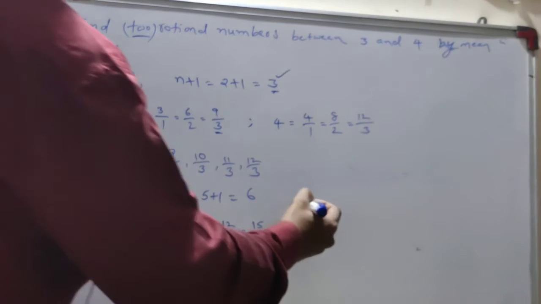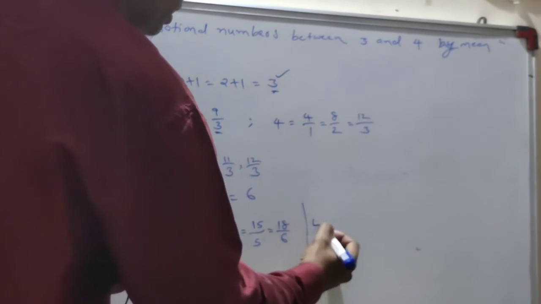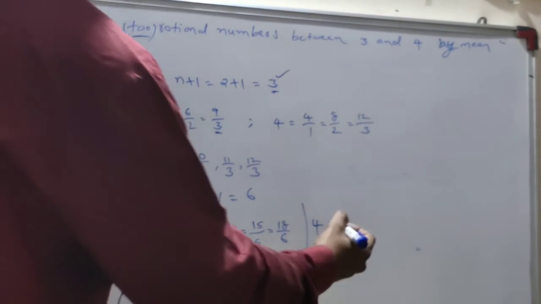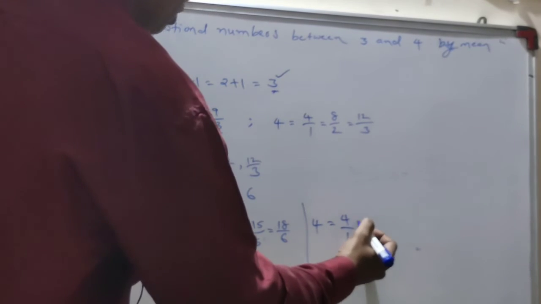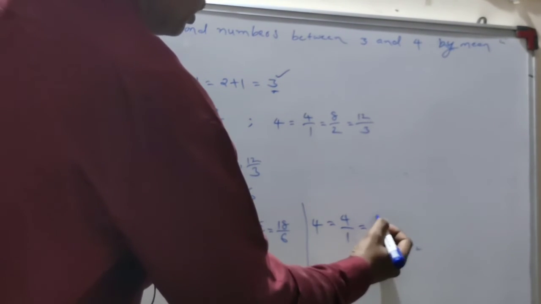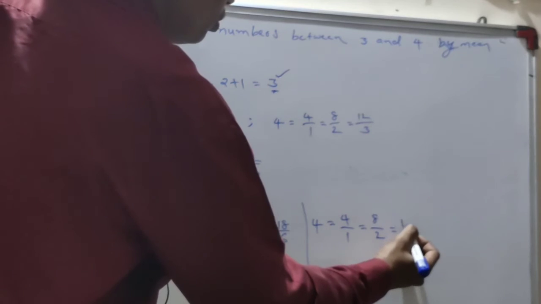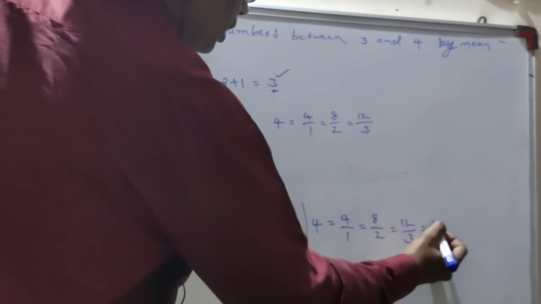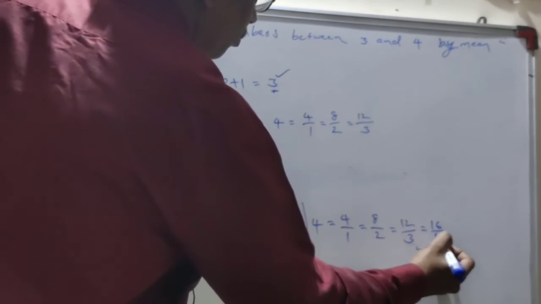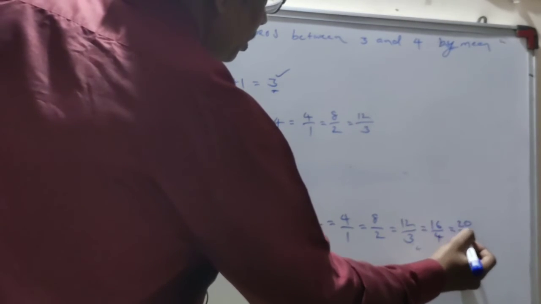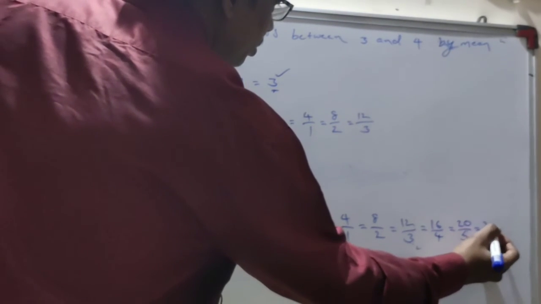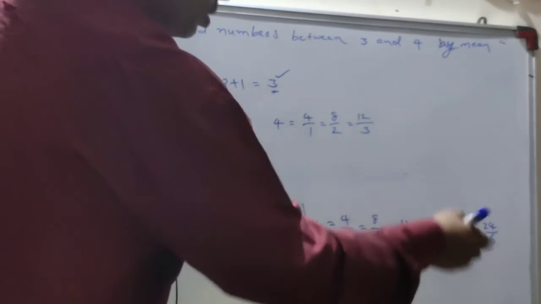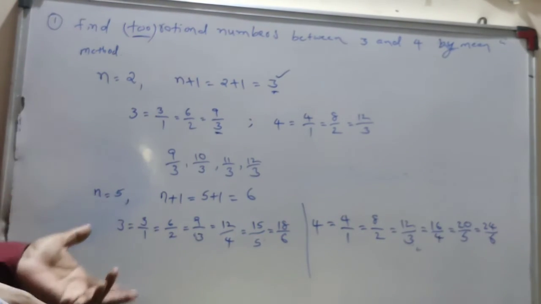And here also, write 4 in fraction form: 4 by 1, 8 by 2, 12 by 3, 16 by 4, 20 by 5, and the last 24 by 6, so as to get the denominator as 6.